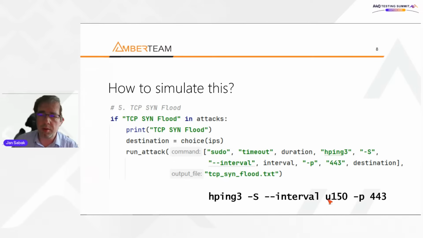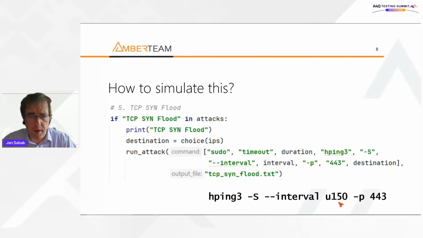So every 150 microseconds, one TCP packet will be issued and sent to the destination IP goes here, and -p 443 is of course the port. So every 150 microseconds, one TCP flood packet will go to this IP and port 443. So this is the basis of these attacks.